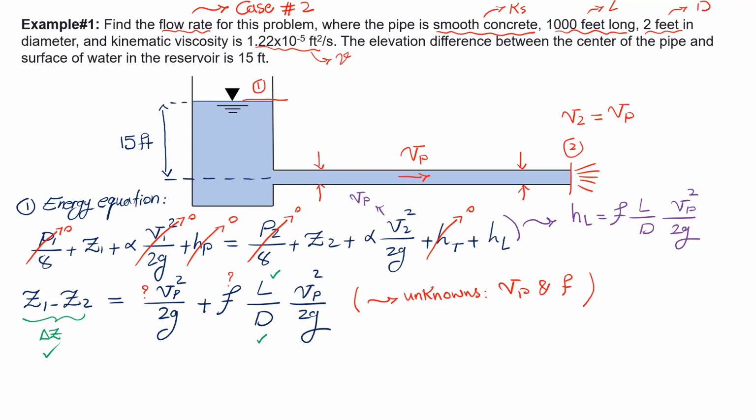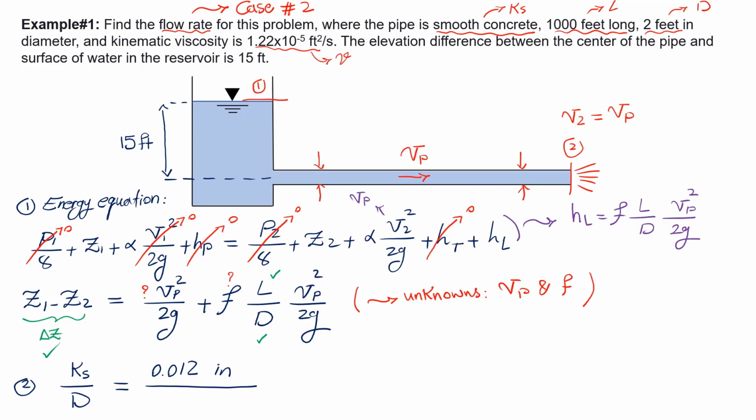And that takes me to step number 2. Step number 2 is to calculate k sub s over d, right? And I know that k sub s, based on table 10.4 of your textbook, for concrete, if I'm not mistaken, is 0.012 inches. That's for smooth concrete.